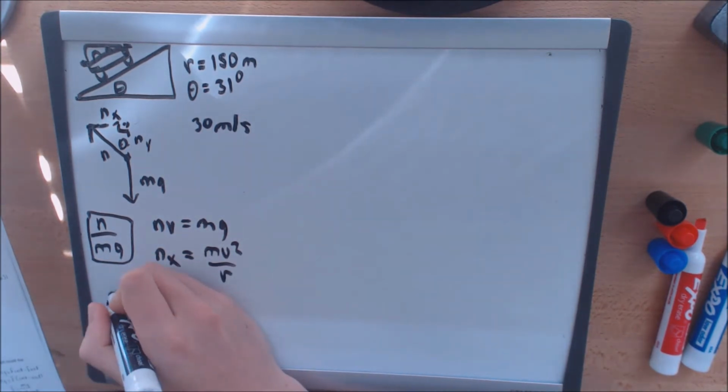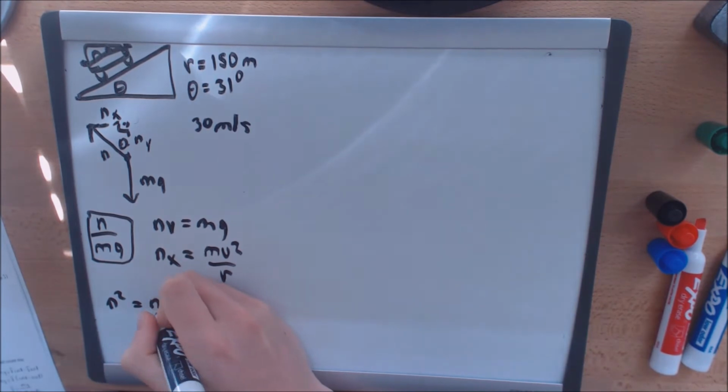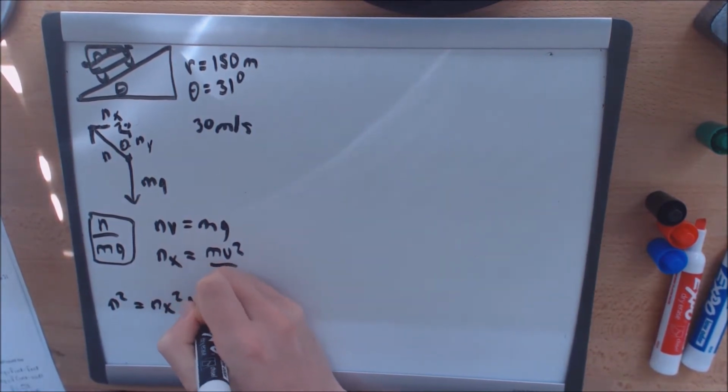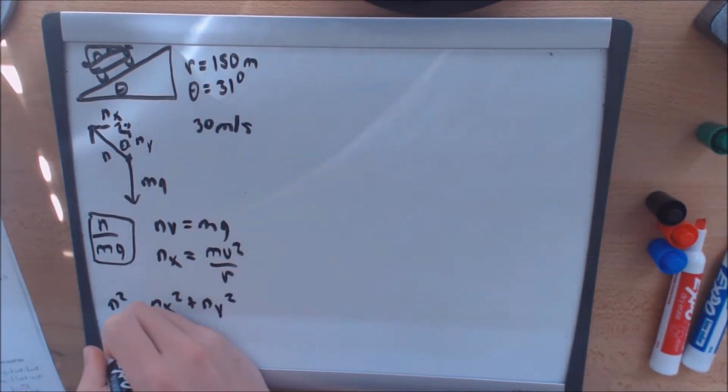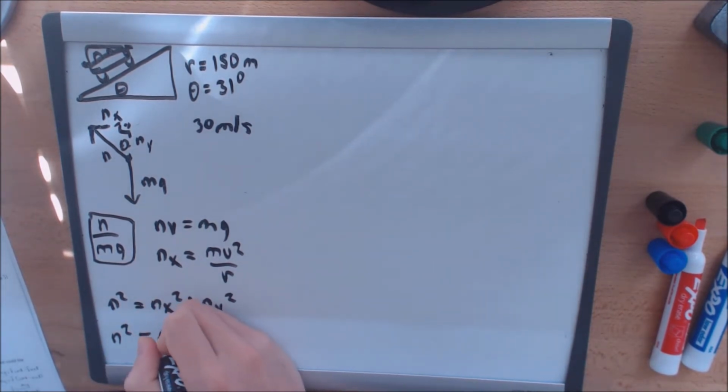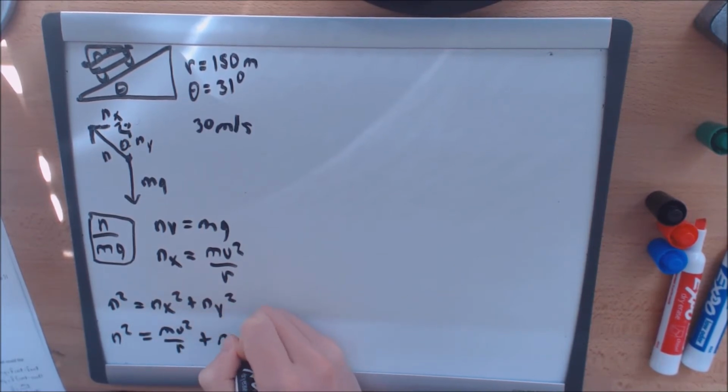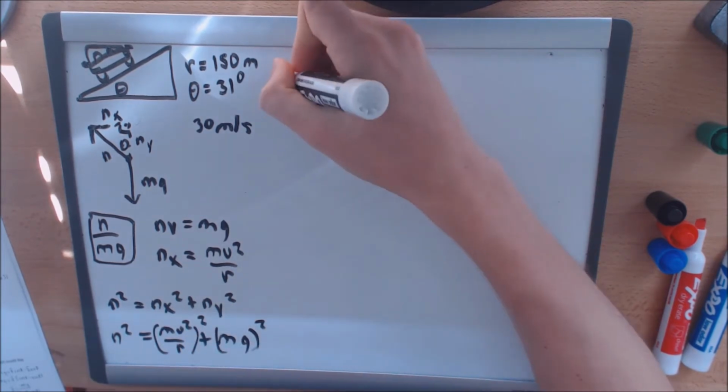So we can say n squared equals nx squared plus ny squared. We're going to substitute in our mv squared over r, and our mg, and then both of these are squared.